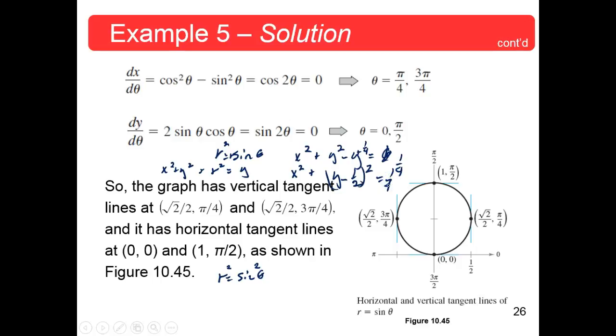Okay, multiply both sides by 4, and you have 4x squared plus 4 times y minus 1/2 squared is equal to 1.